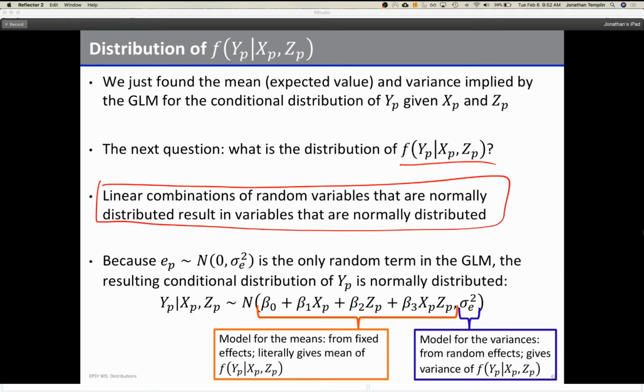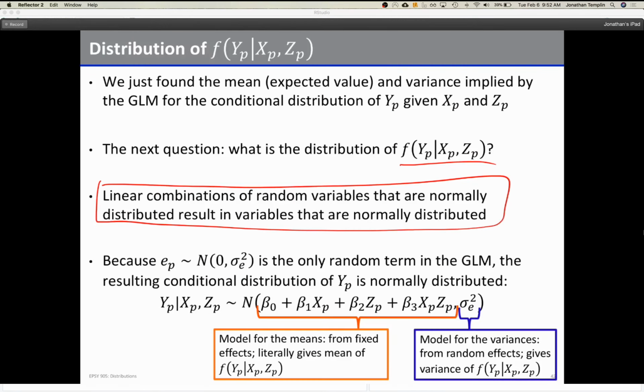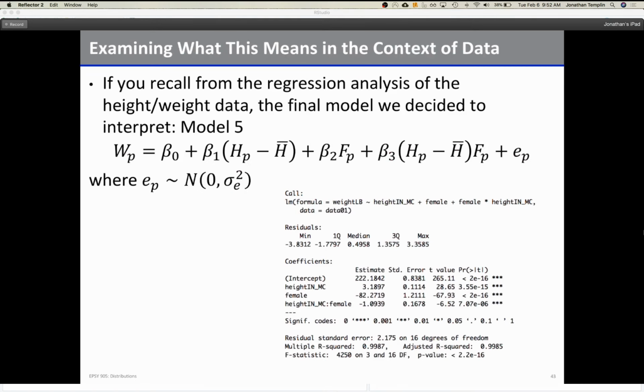So because we saw that we have this linear combination that has a constant and something that's normal, what we can say is that the distribution of y given x and z is also normal. Hooray. Well, this is why we get the conditional normality of y assumption. So knowing a little bit about the algebra of expectations can show you what a model is trying to do or trying to describe your data with.